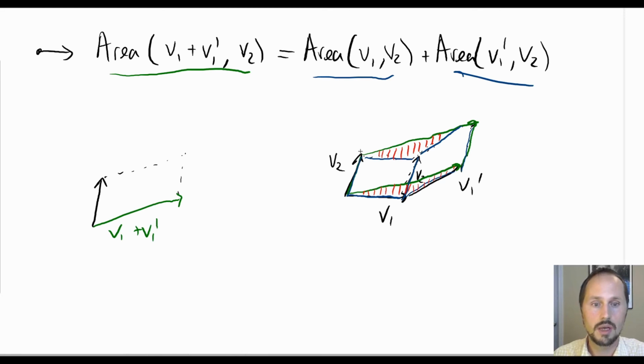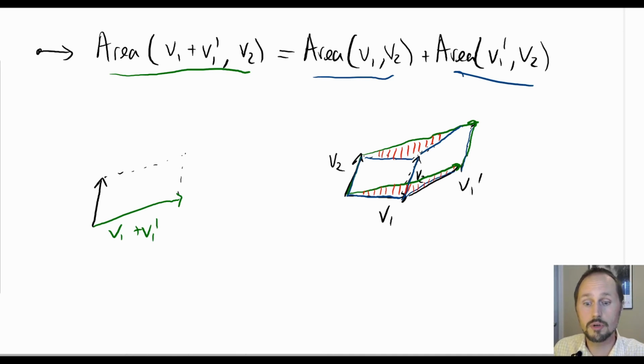So the two blue parallelograms pick up this bottom red triangle too much, and they're missing that top red triangle to match the green one. These two red triangles compensate each other, and we're left with equal area. So that checks this one out, and then our linearity property follows from that.